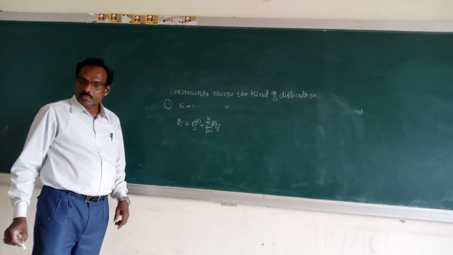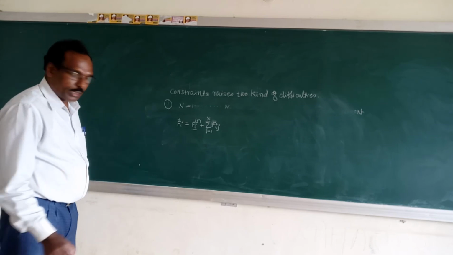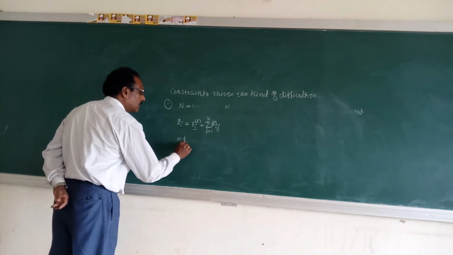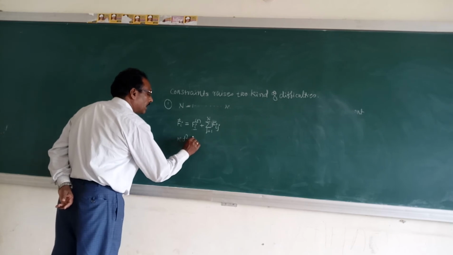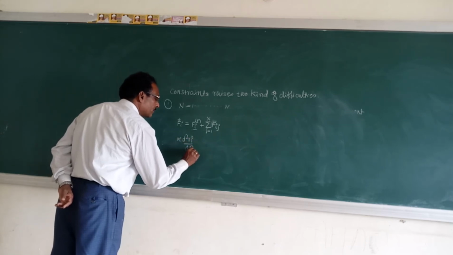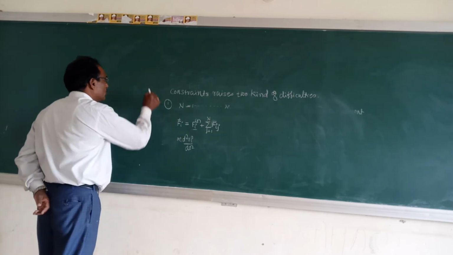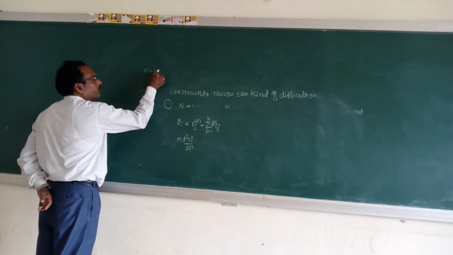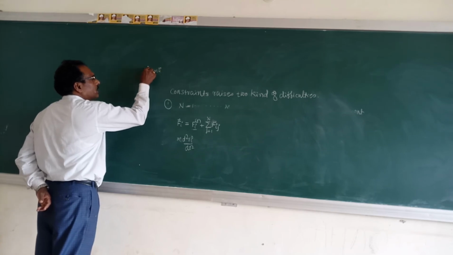Using Newton's second law of motion, we write this as: m_i is the mass of the iron particle, d²r_i/dt². F is equal to m into a, mass into acceleration.